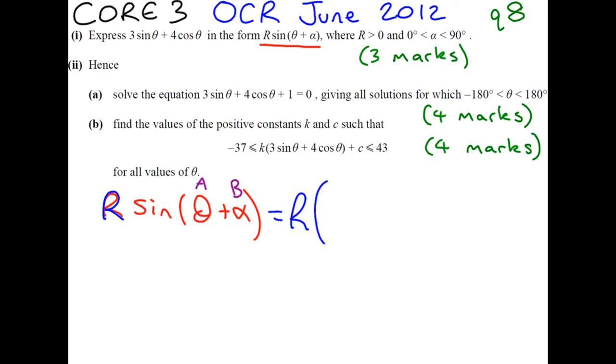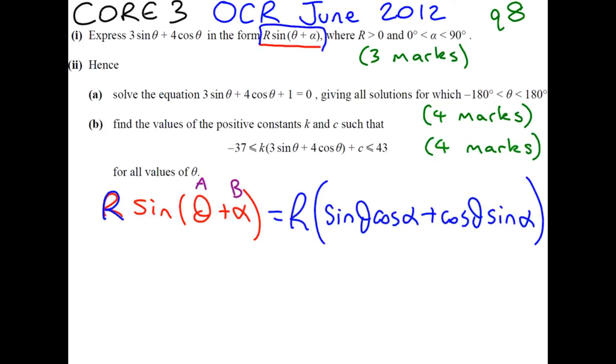And we get sine A, which is sine theta, cos alpha plus cos theta sine alpha. So all we've done there is equated our formula here with the double angle formula in your formula book.